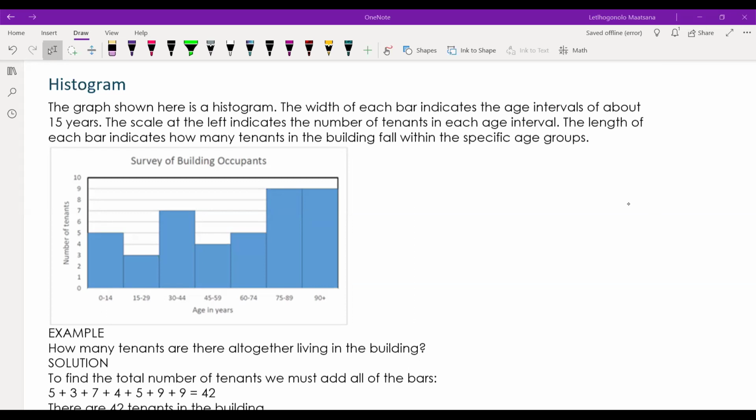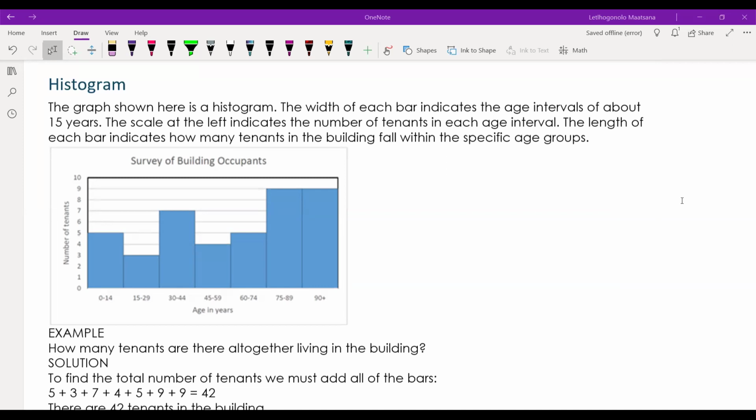So the difference in between is around 15 years. The scale on the left is indicating the number of tenants in each age group that occupy a building. The length of each bar indicates how many tenants in the building fall within a specific age group.